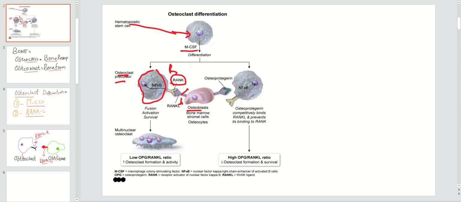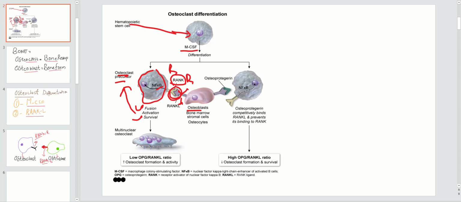So when RANK ligand binds with the RANK receptor, this binding or fusion causes activation and survival signals for this osteoclast precursor. So what would happen? When this fusion is happening, it sends a signal called nuclear factor kappa B activation signals.